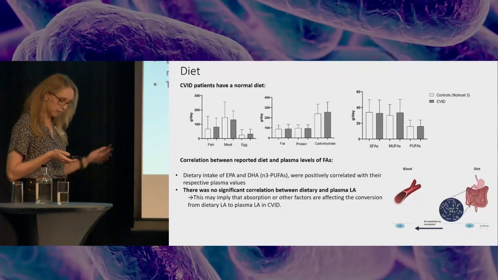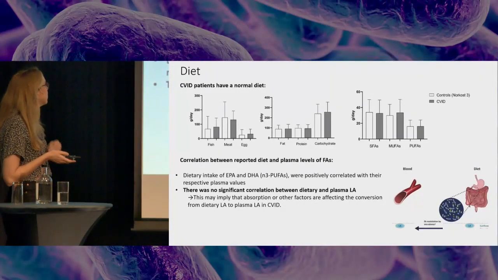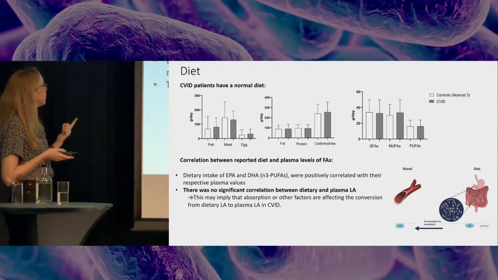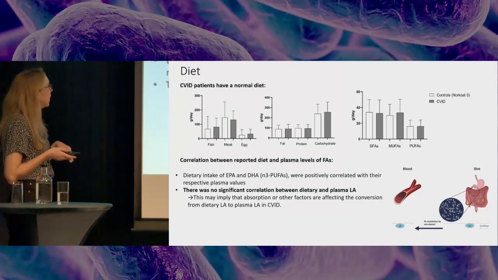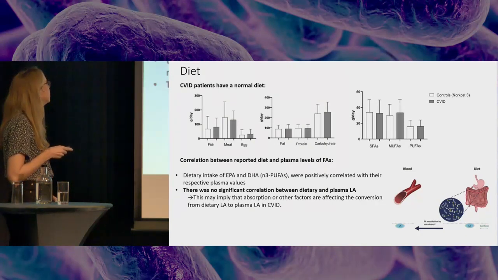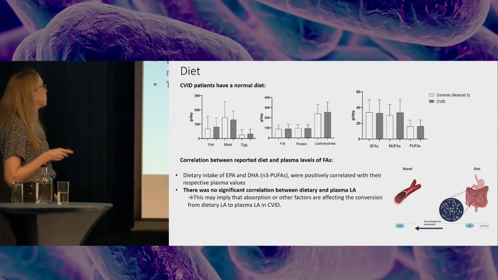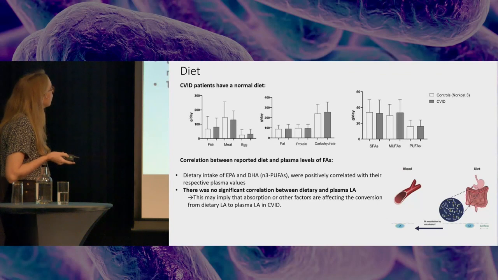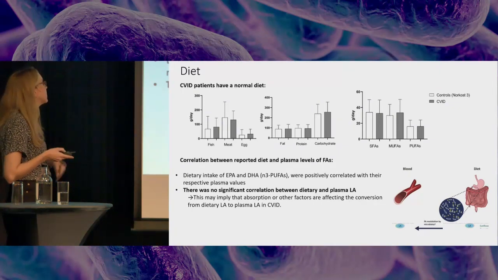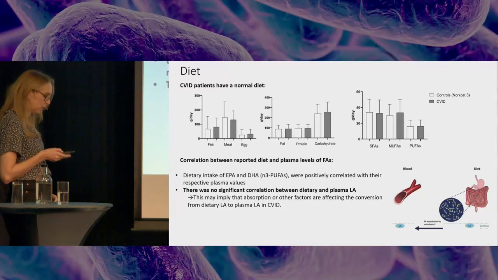We also did, as is done in some fatty acid studies, a correlation between the reported EPA and DHA, the omega-3, and what we actually measured in plasma. We found a strong correlation between the reported EPA and DHA and what we measured in plasma. However, for plasma LA, which you remember is one of the most important essential N6 PUFAs, there was no significant correlation.